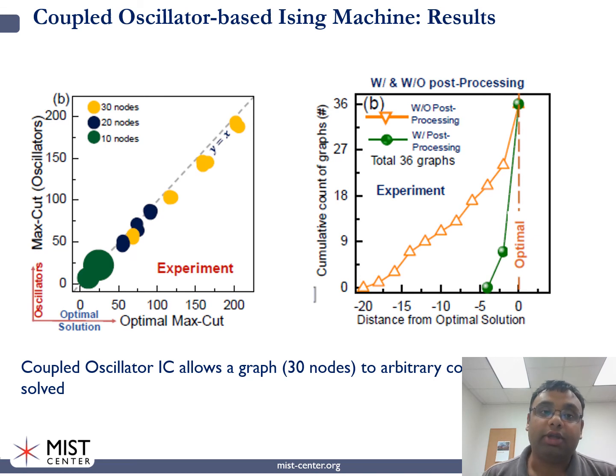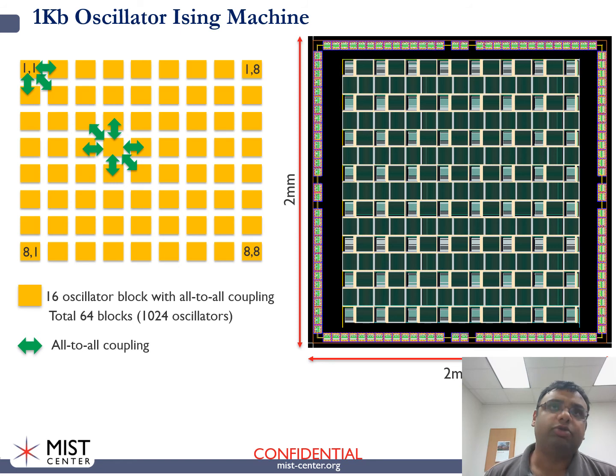If you look at the graph on the left, the x-axis shows the optimal solution for the graph we used, and the y-axis shows the max cut measured using the oscillators, and most of the solutions lie close to the y equals x line, indicating that the solutions are close to the optimal solutions for the problem. And the graph on the right essentially denotes the cumulative count of the many graphs that we have solved.